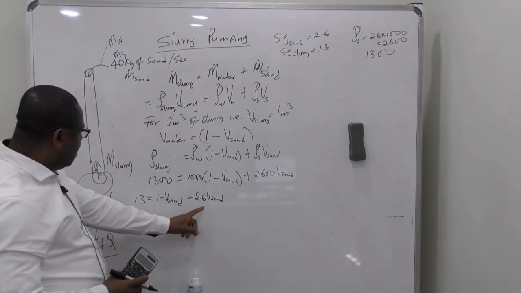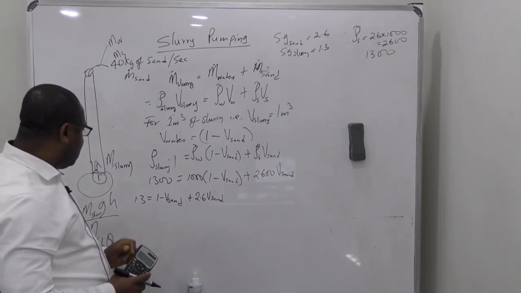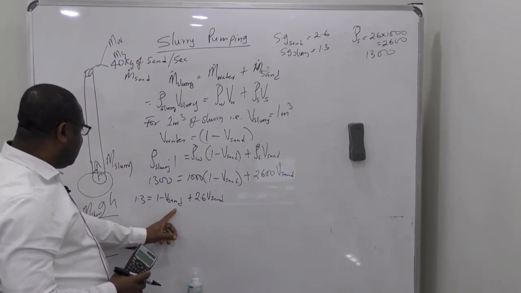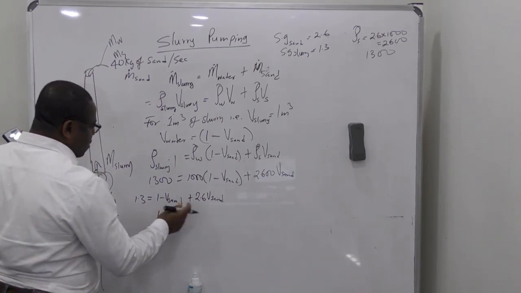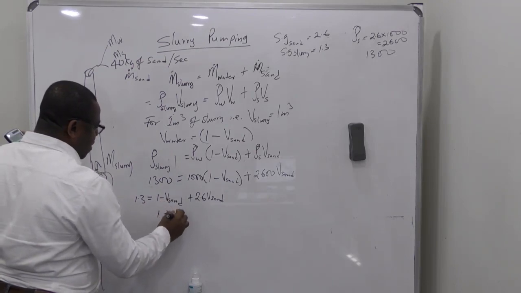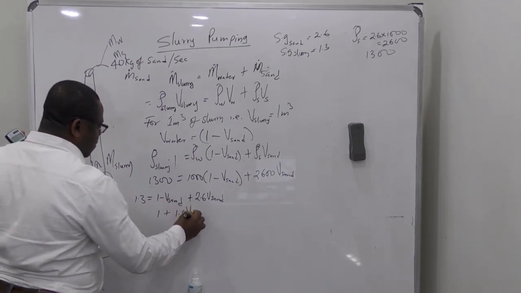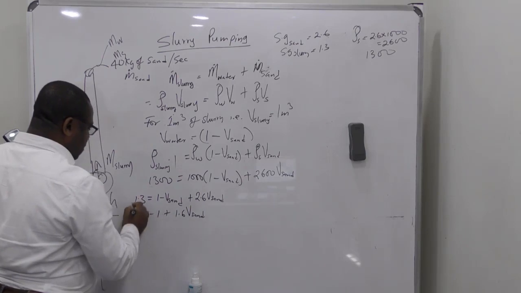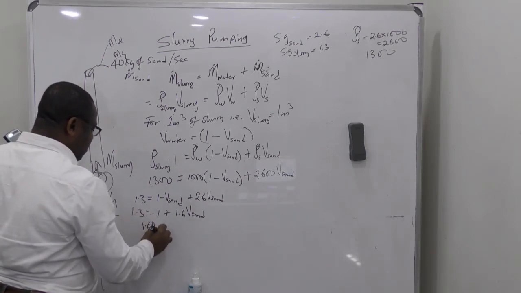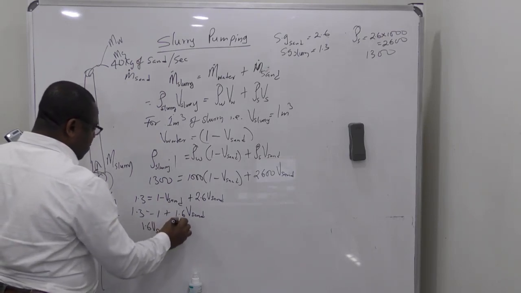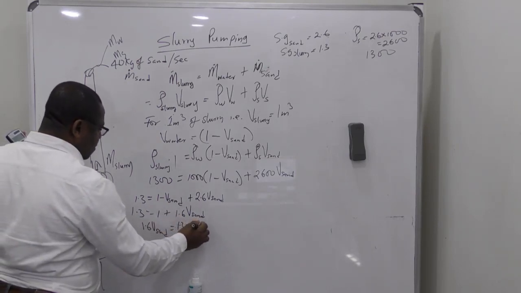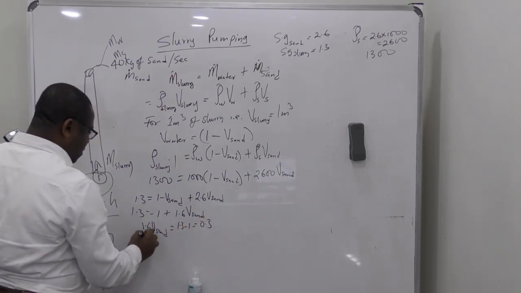So 2.6 minus 1 of V sand will give you 1.6. So 1 plus 1.6 V sand is 1.3. 1.6 V sand is 1.3 minus 1, which is 0.3.